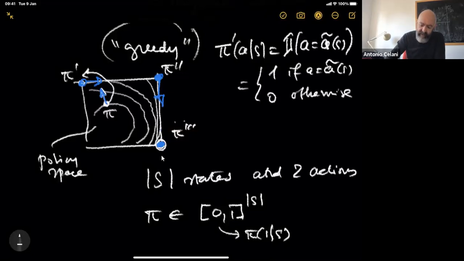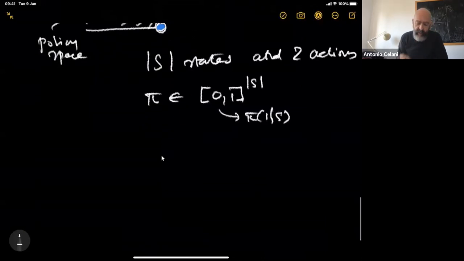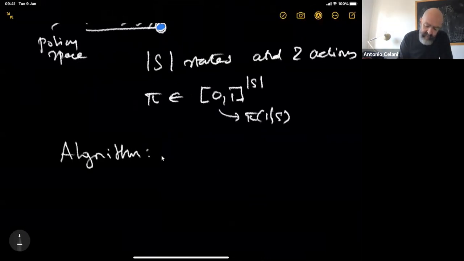Okay. This was a very informal description, but now we can describe the algorithm in full. This algorithm is called policy iteration.